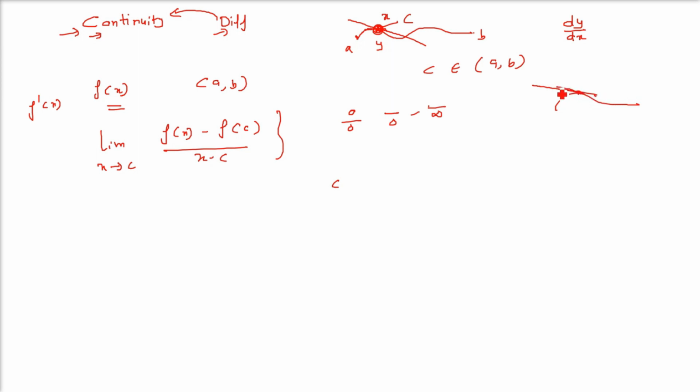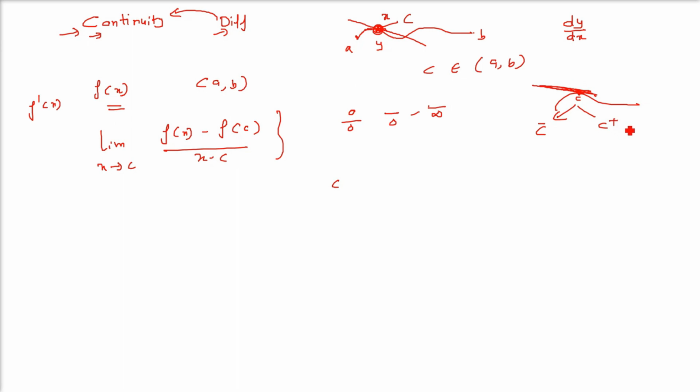In the same way, we compute the left hand derivative and the right hand derivative. The left hand derivative has to be equal to the right hand derivative. We are interested in just one tangent rather than chords, and that tangent slope is the differentiation.